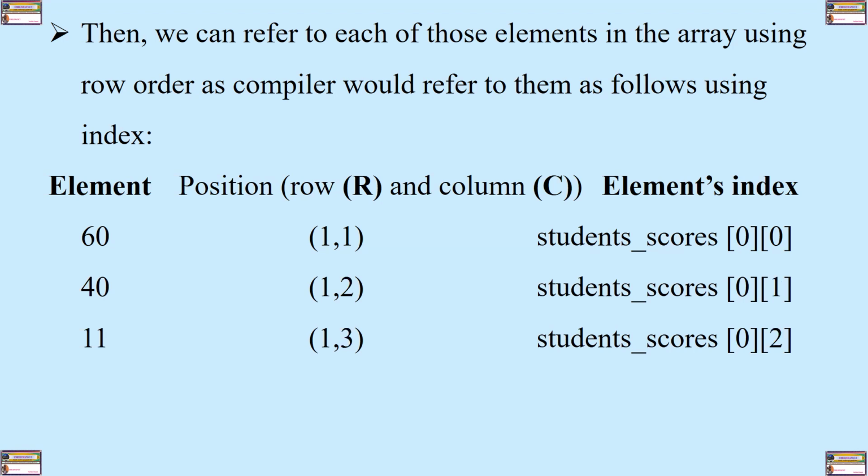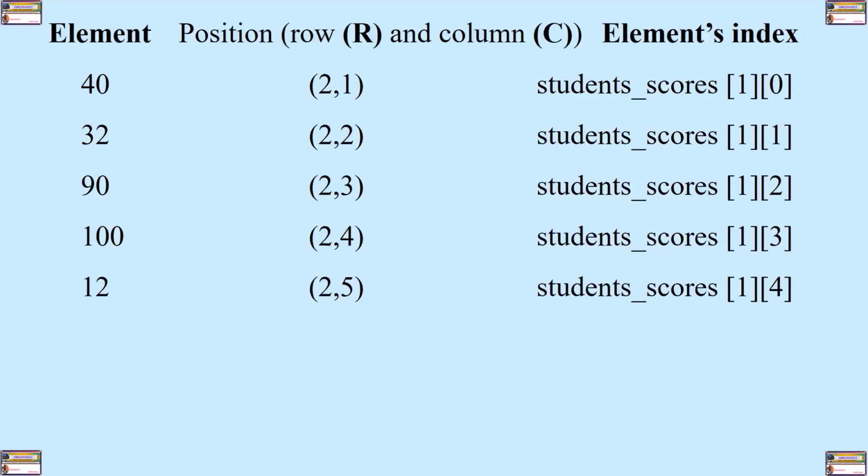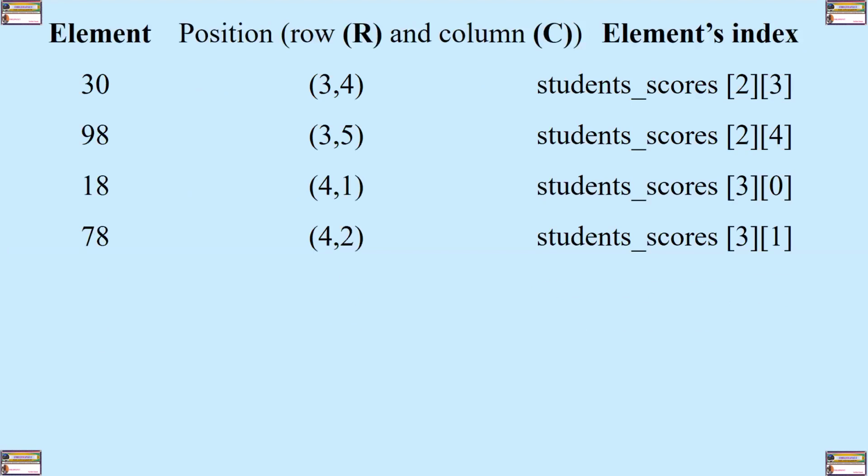And we continue like that. If you are referring to the element like 11, which is in column 1 at row 3, you just subtract 1 from each of those numbers to identify the index. So 1 minus 1 is 0, 3 minus 1 is 2. Let's go to the last one and see.